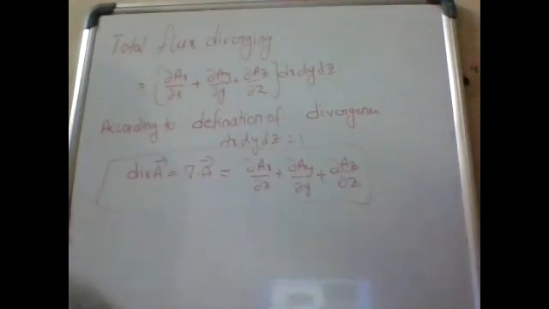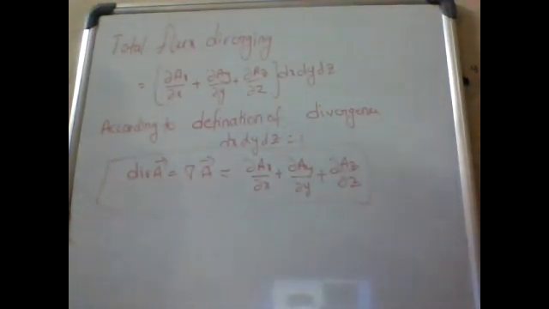PQRS. So while traveling from the point C to M, so center point to M in face PQRS, the change in A suffix X is given as dou A suffix X by dou X into dx by 2.